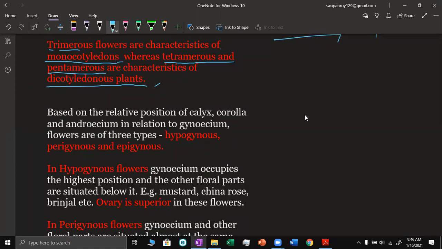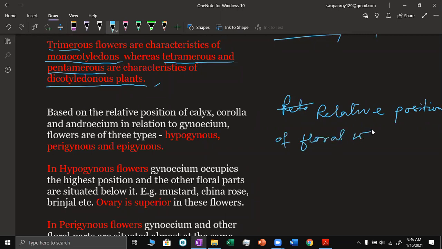Then another thing is the position of the ovary, the position of the gynoecium, the relative position of floral whorls with respect to the gynoecium.